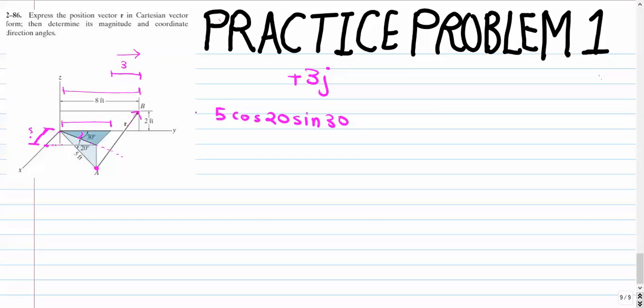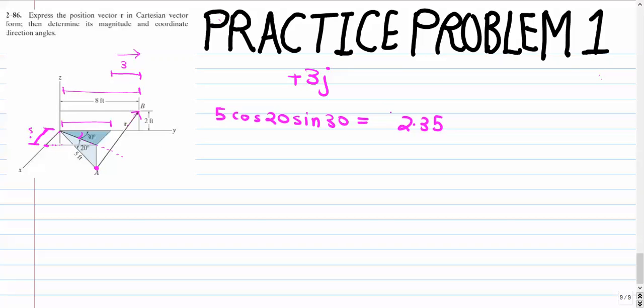So let me repeat that. First of all, we do 5 feet cos of 20 degrees, that projects this length on this line, and then we do sine of 30 degrees, and that projects this length on the x-axis. This is a procedure that we have been doing in the previous problems, and you can simply perfect this by practice. So this gives us 2.35 feet.